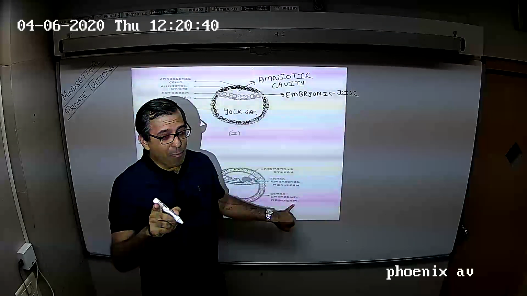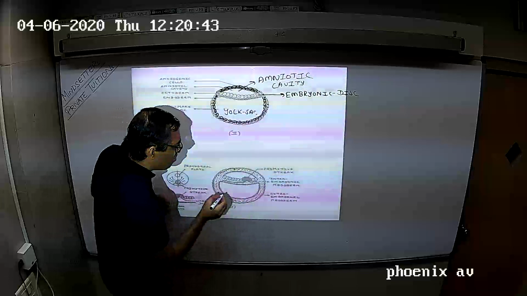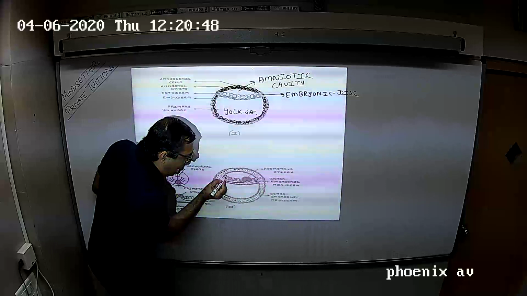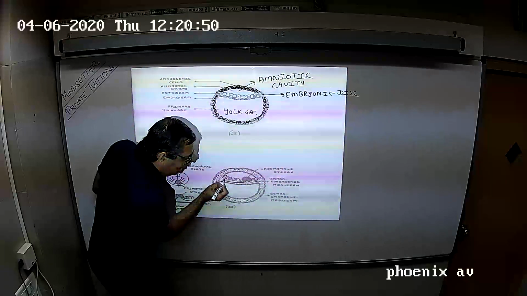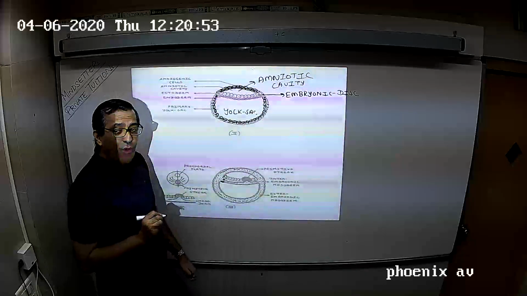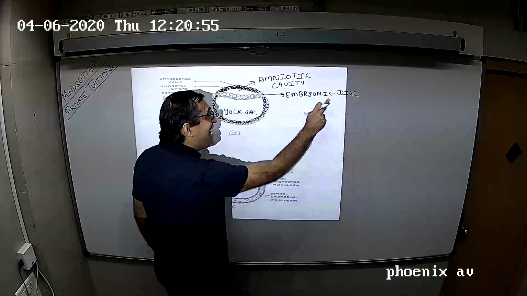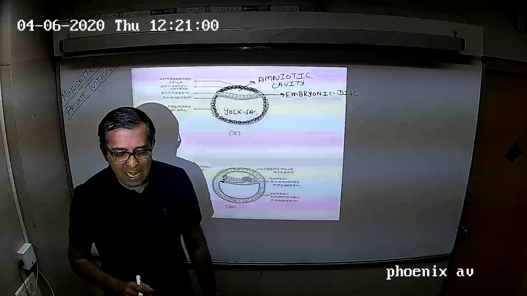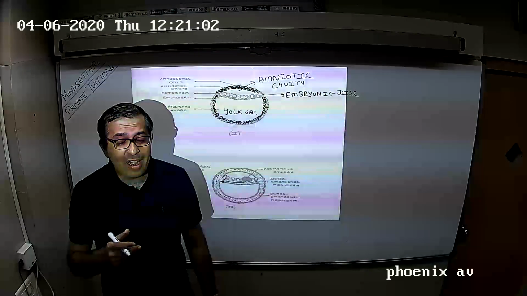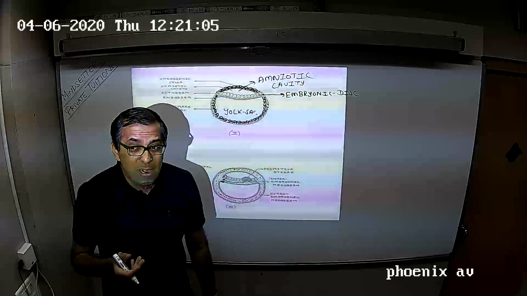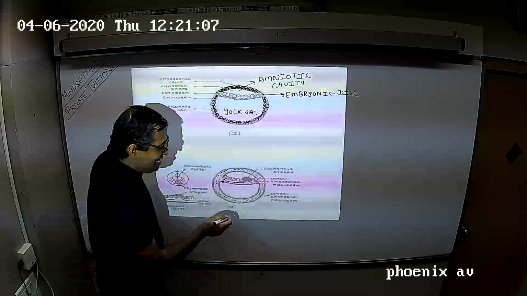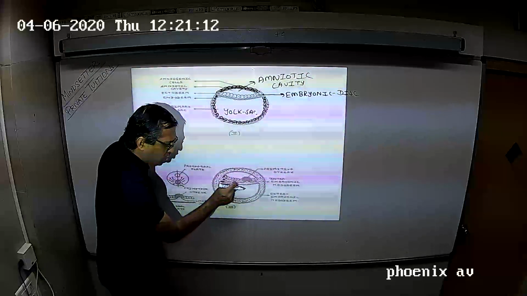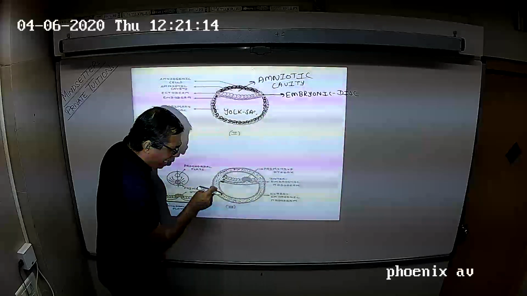But sir, mesoderm is supposed to be between ectoderm and endoderm, and ectoderm endoderm से बनता है mesoderm, and that is from embryonic disc. तो embryonic disc में से actual endoderm बनना चाहिए, mesoderm बनना चाहिए. तो real mesoderm comes from the embryonic disc, and this mesoderm is not from ectoderm endoderm, so sir it is not a part of embryonic disc.